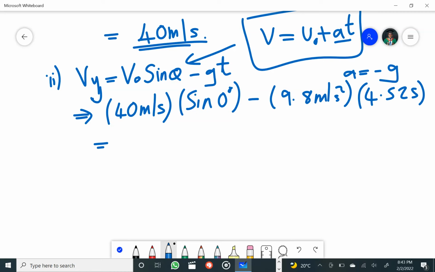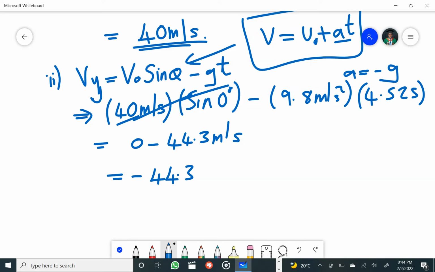So we know sine 0 is 0, so all this is 0. And then this is going to be negative 43 meters, so this is going to be negative 44.3 meters.